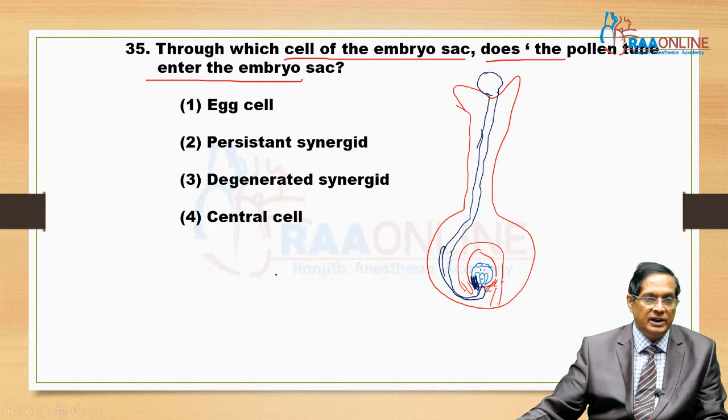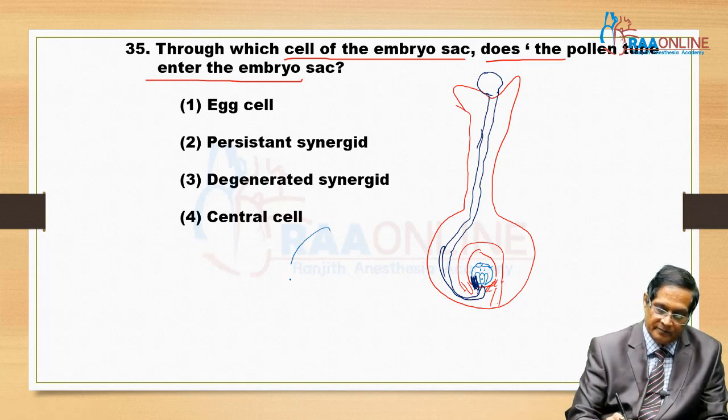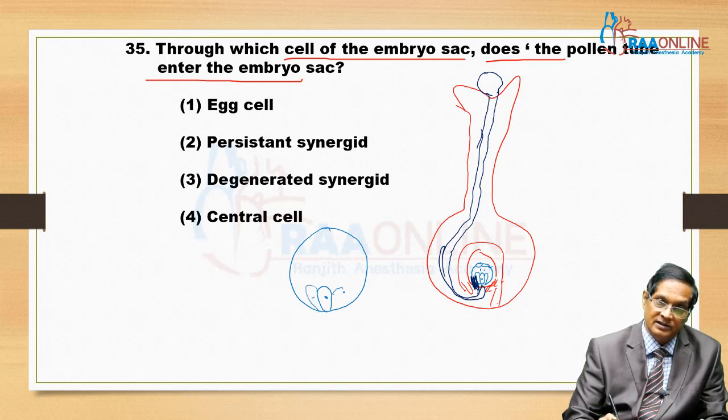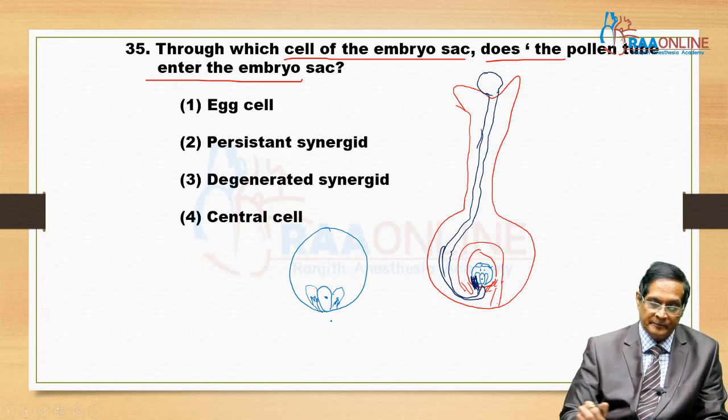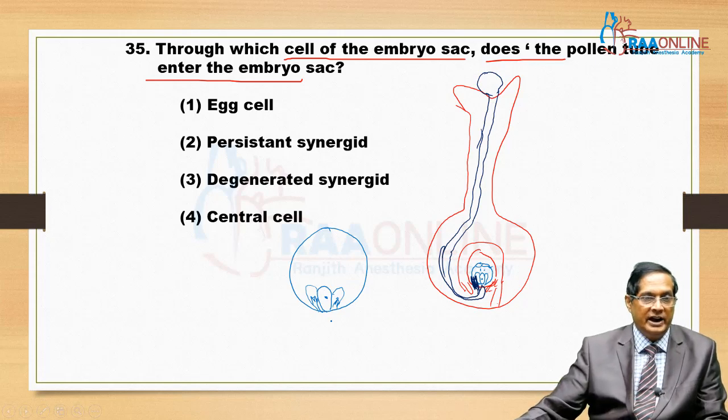If we enlarge the female gametophyte, this is the egg cell, and these are the synergids. Synergids are known for the filiform apparatus, and the pollen tube enters.